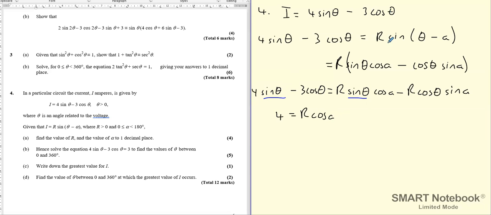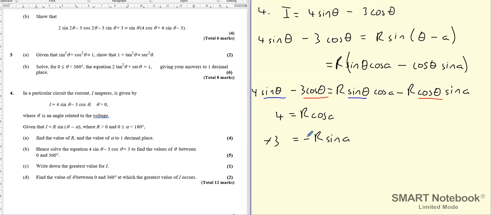Similarly, if we look at cos theta and cos theta, on the right hand side, we've got minus r sine alpha being multiplied by cos theta, and on the left hand side we've got minus 3.